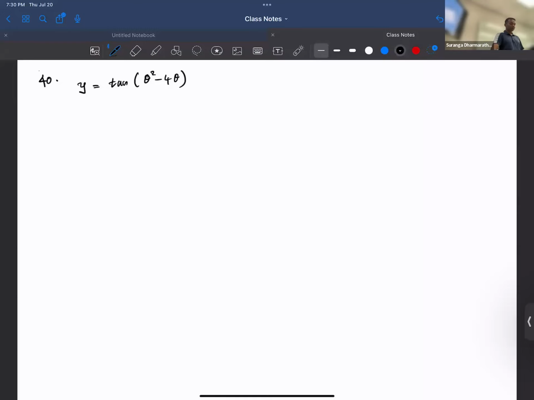Okay, let's talk about this. So, how do we convert this to a form that we can handle? Jason, how do we form this function into a form that we can find the derivative of by known equations?